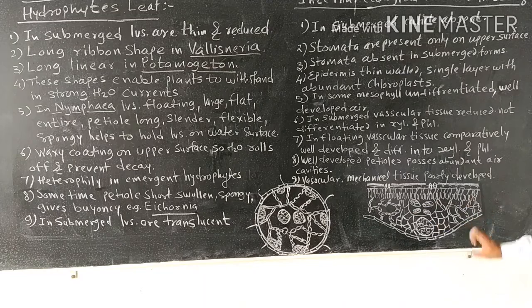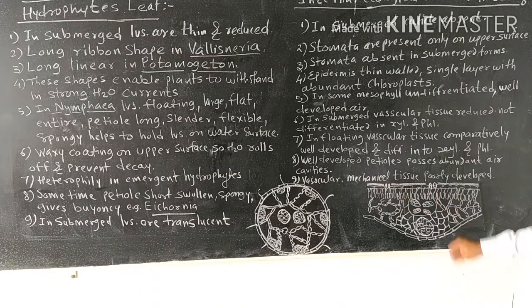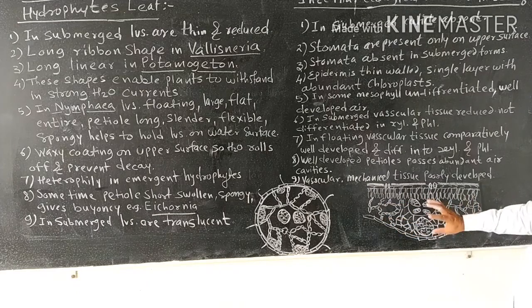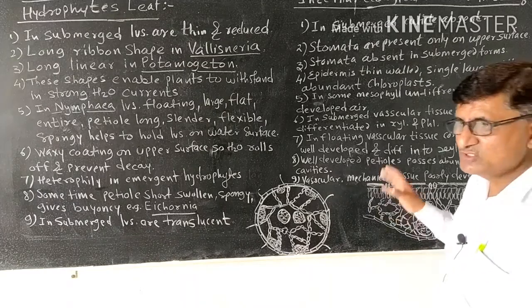Now this is a section of a Nymphaea leaf. You can see the upper epidermis with a waxy coating, and stomata are present. Most of the portion shows the presence of aerenchyma or air cavities, and the least development of vascular tissue is seen.